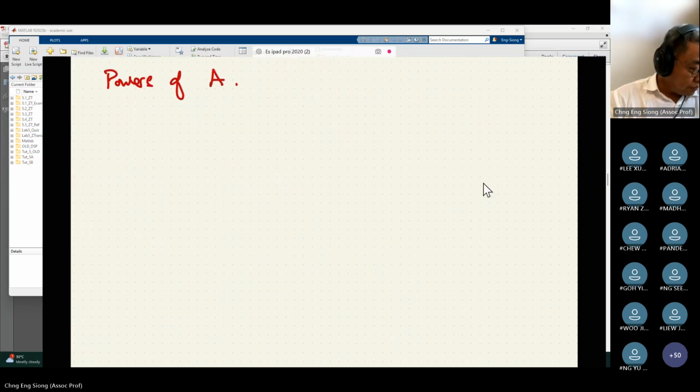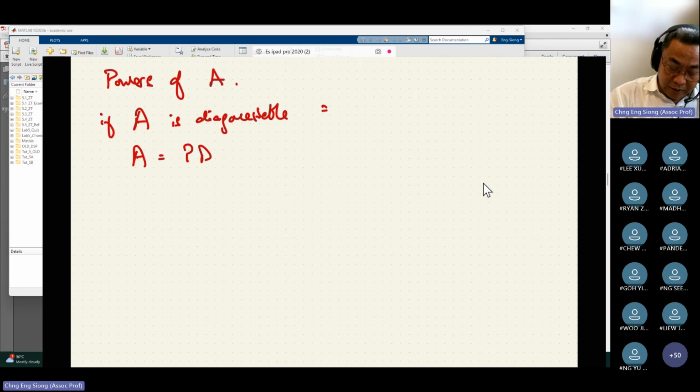I think I've done this the last time, but let's do it again. Now, if A is diagonalizable, it means that A equals PDP inverse exists.